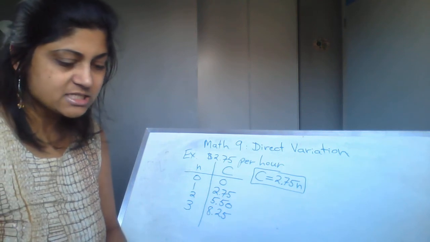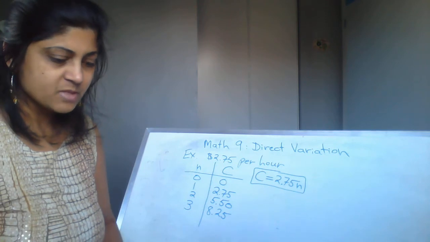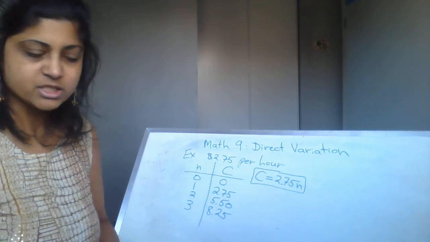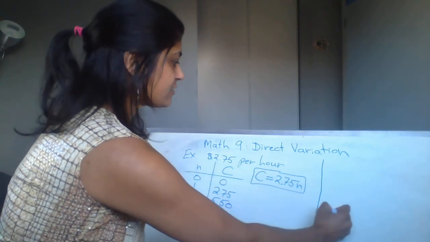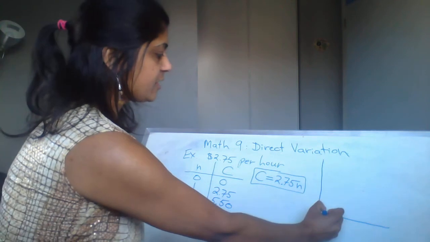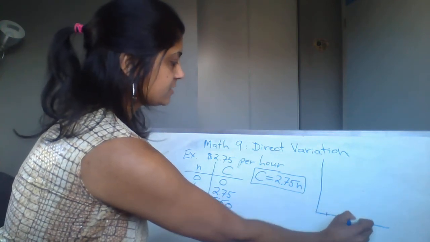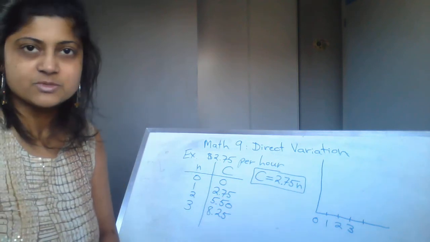The question is asking us to illustrate this relationship graphically, and you can represent it with an equation like we just did. So let's try a quick sketch of our graph here. Say it's like this. On the bottom I'm going to put the number of hours, and we'll just go up to 3 here.